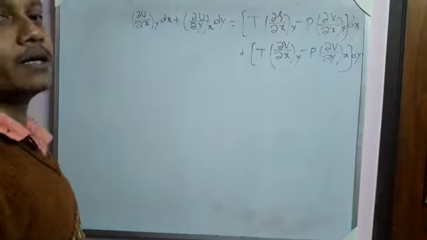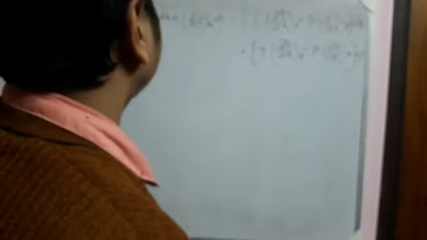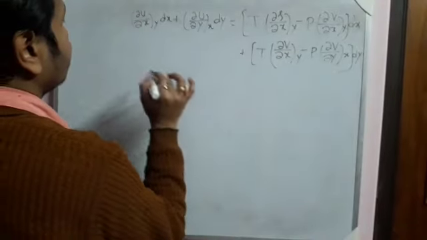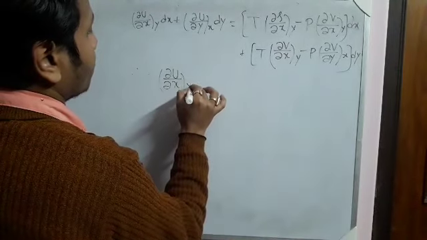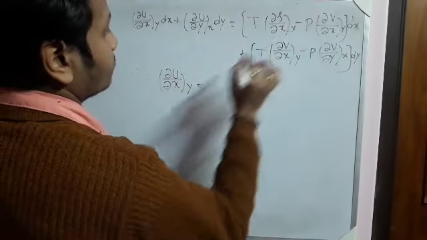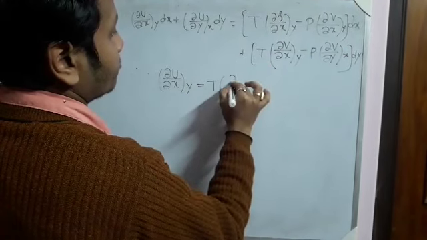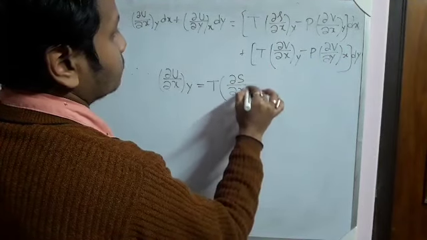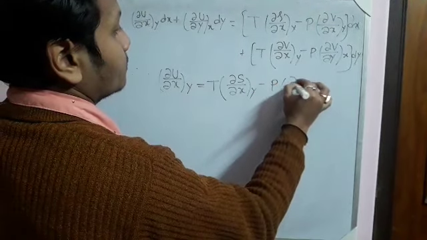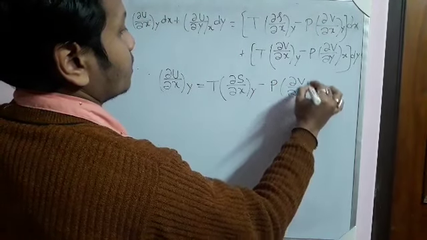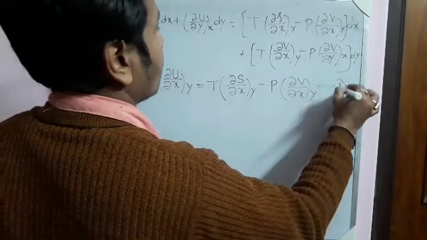After equating both the expressions, we can simply write del u del x at constant y equals t into del s del x at constant y minus p into del v del x at constant y. Let us give it a name, say equation 1.